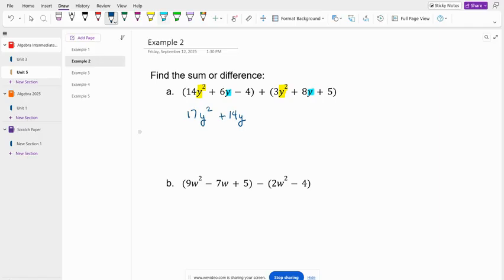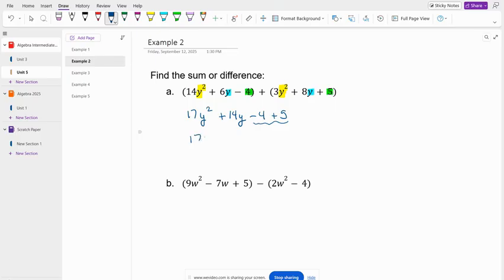And then we're looking for a constant term. That's one that does not have any variables on it. And we see negative 4 plus 5. So we have minus 4 plus 5. And if we combine those together, negative 4 plus 5, we end up with positive 1.